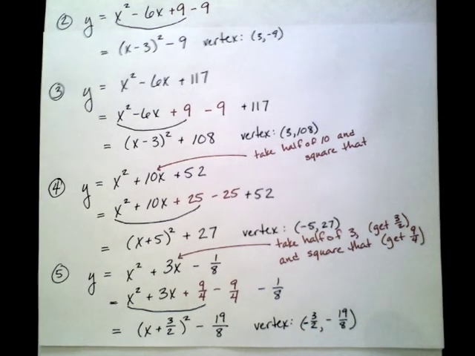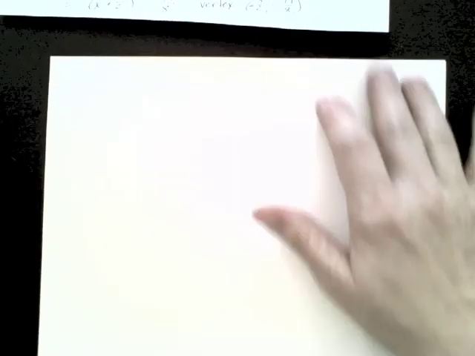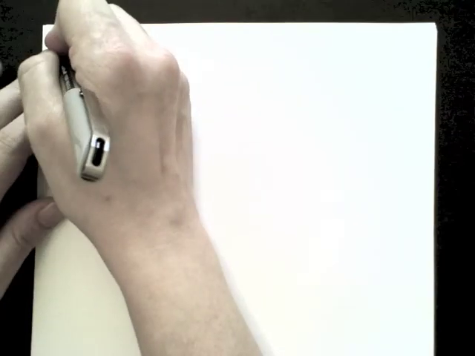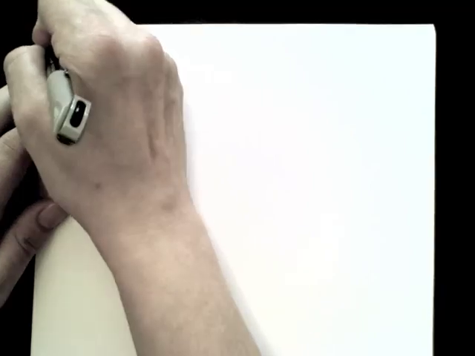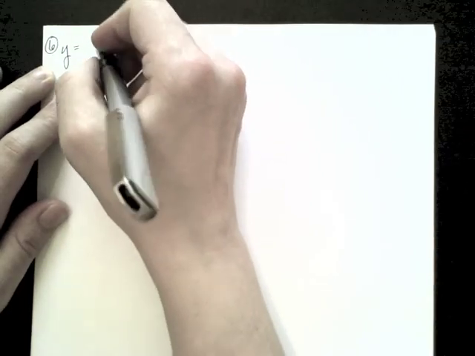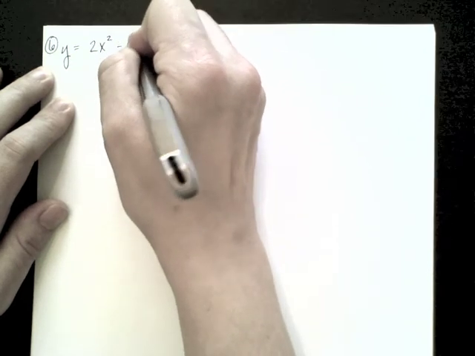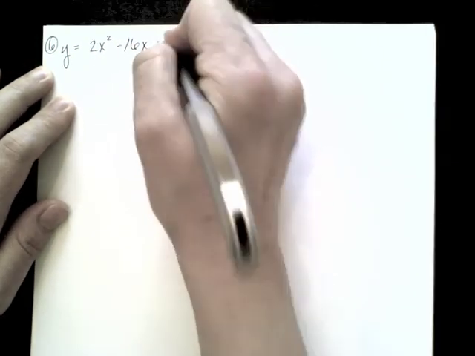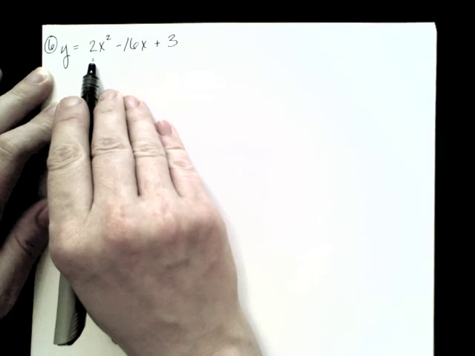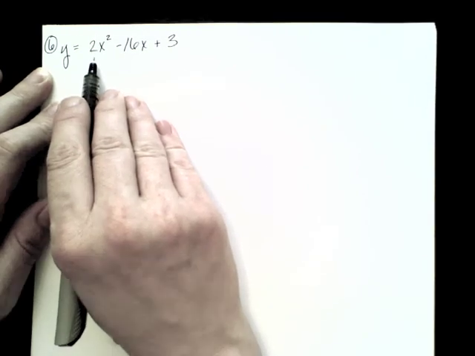All right, let's do another one with an added twist. So this is number 6. y equals 2x squared minus 16x plus 3. Notice I have a coefficient in front of my x squared.